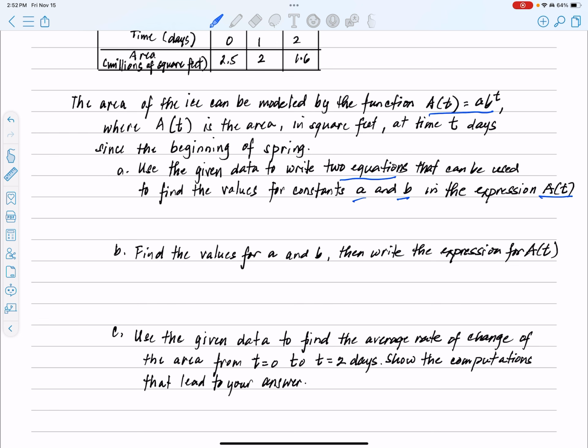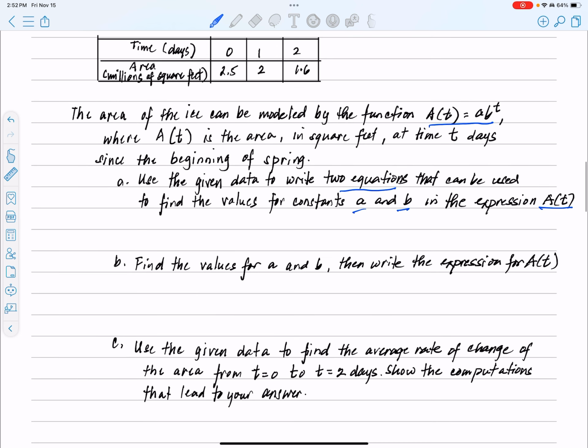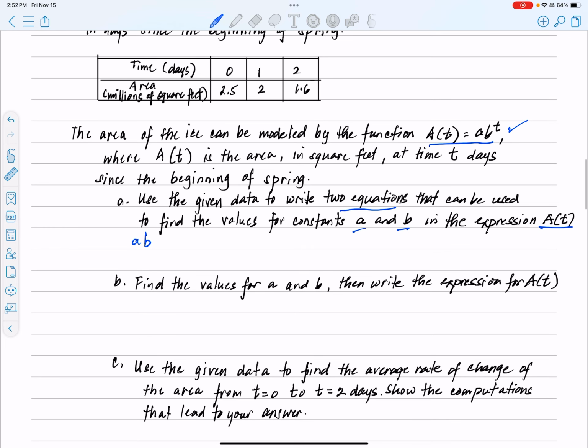Okay, let's look at the table. Remember, we are dealing with the function A(t) = a·b^t. To find the values of constants a and b, we could use a·b^0, where the area is equal to 2.5.